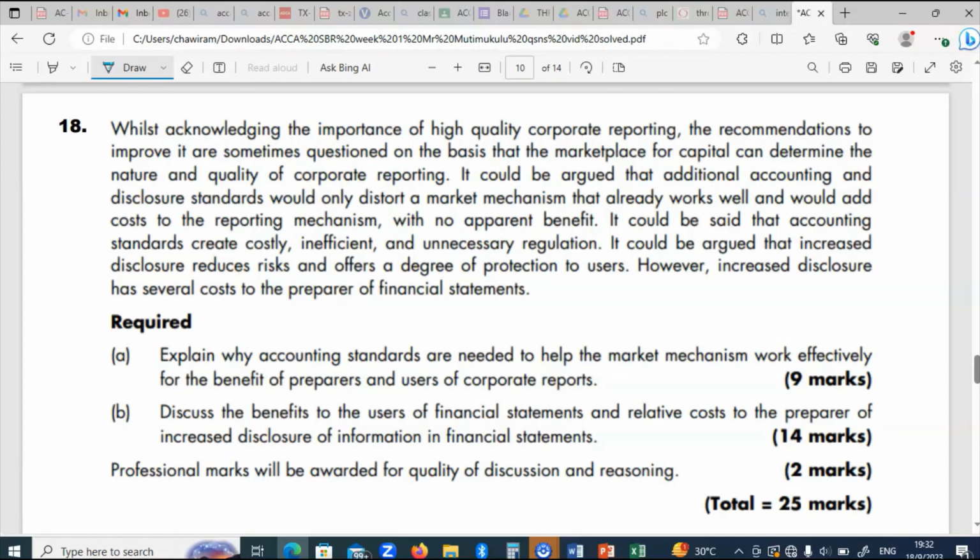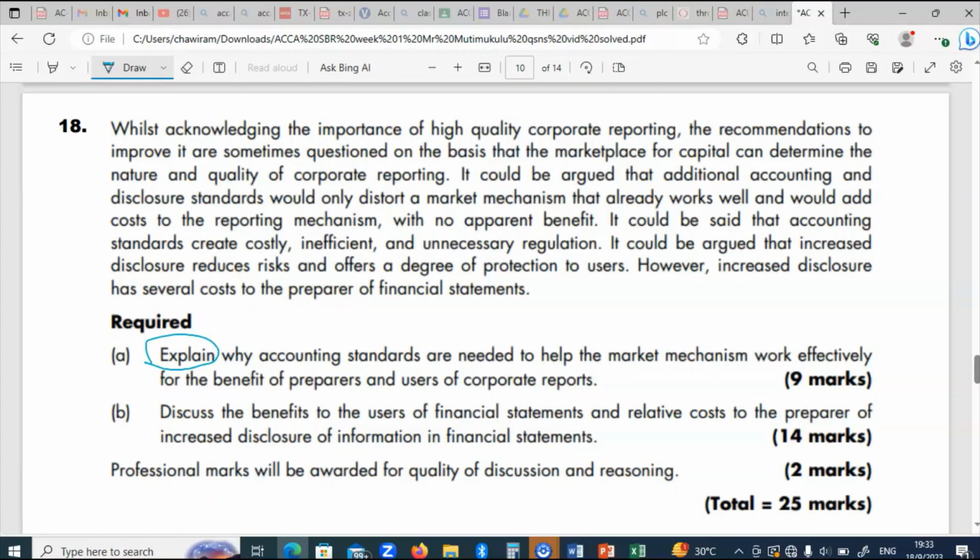Required: A. Explain why accounting standards are needed to help the market mechanism work effectively for the benefit of preparers and users of corporate reports. Okay, so this question is saying explain. All right, it's actually a very important word or term, explain.